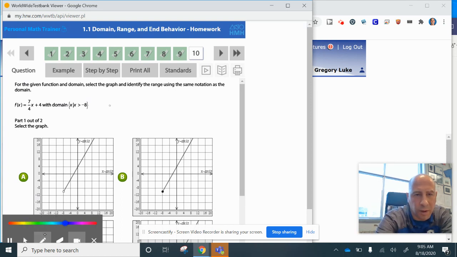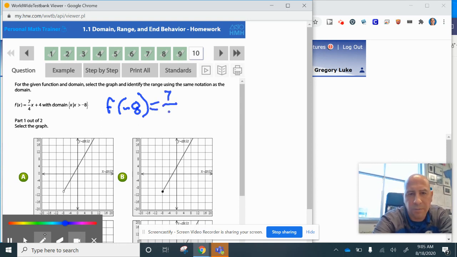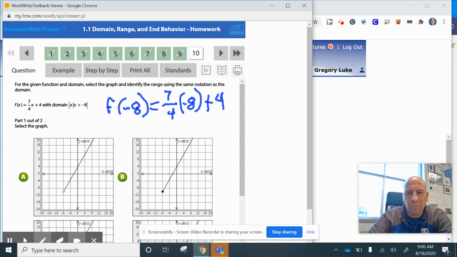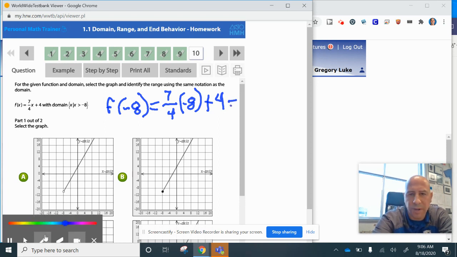We're going to do f of -8. So the x value is -8. Plug that in, so that's equal to 7 divided by 4 times -8 plus 4. So -8 divided by 4 is -2. -2 times 7 is -14.